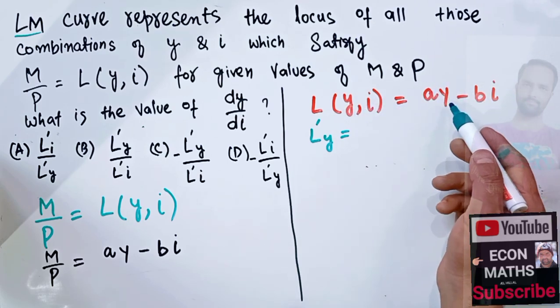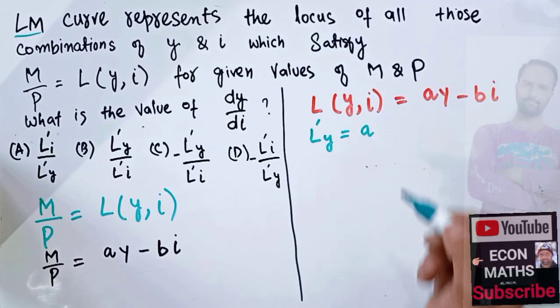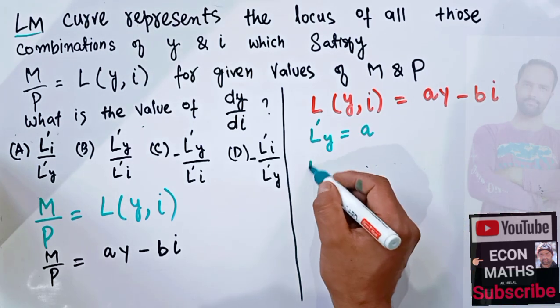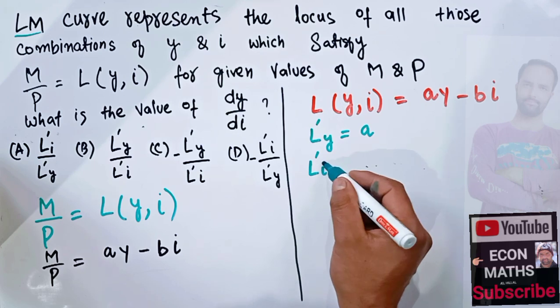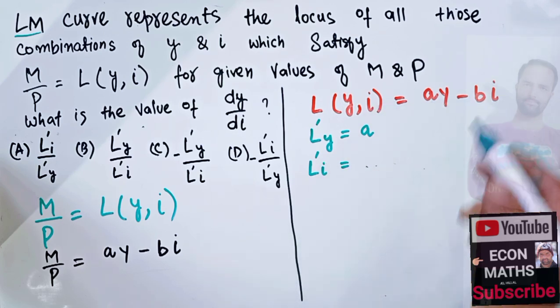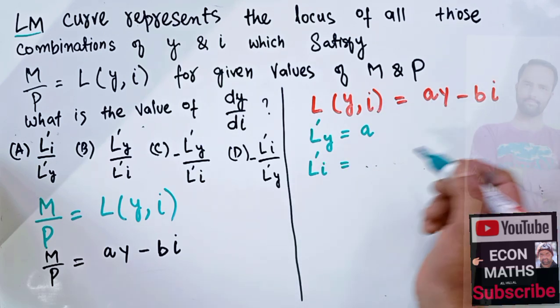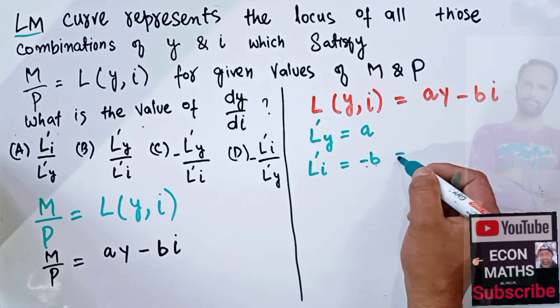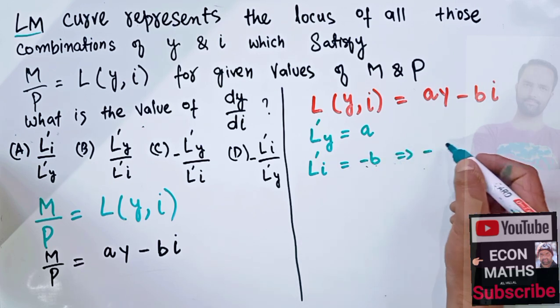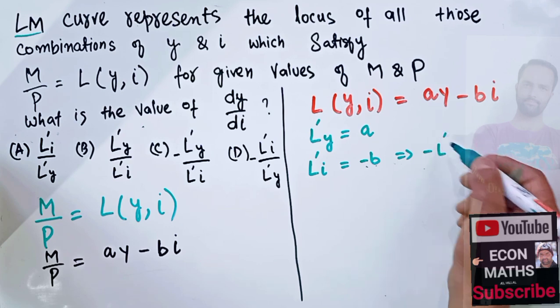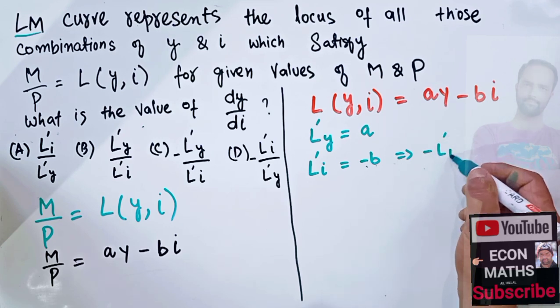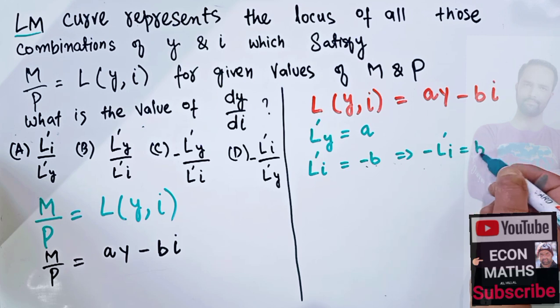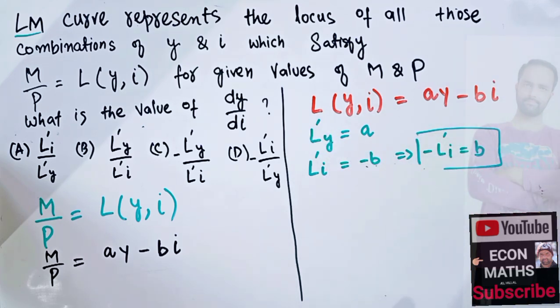The derivative of Y will be 1, so we are left with A. Similarly, L dash I denotes the partial derivative of this function with respect to interest rate. The derivative of I is 1, so we are left with minus B. And this I can write as minus L dash I is equal to B. Let's keep these in mind.